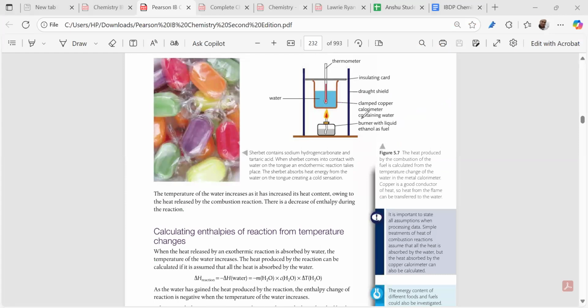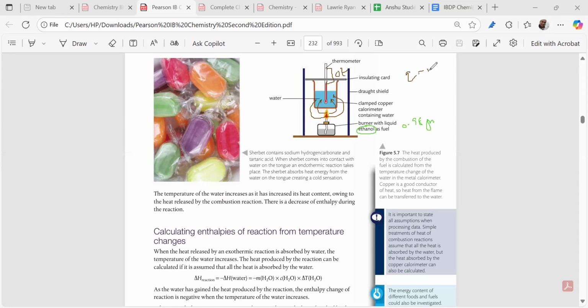So we take the amount of the ethanol which is burned. Suppose that is 0.98 grams. Now we assume that all the heat goes from the flame to the water, right? Understood? What happens over here? We have to calculate the delta T from here.